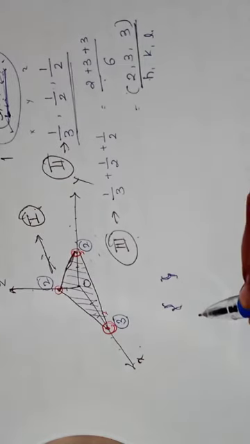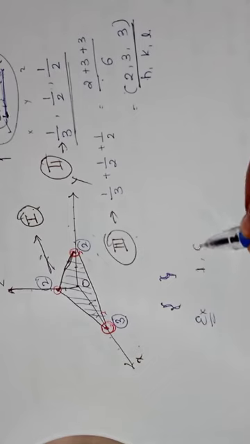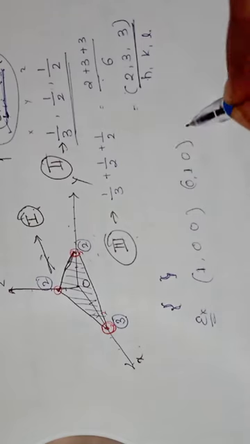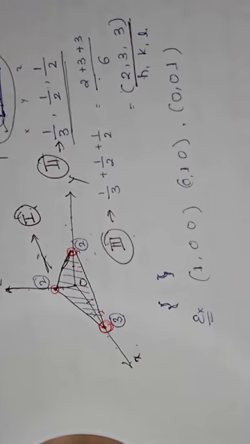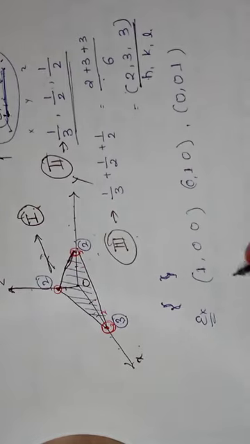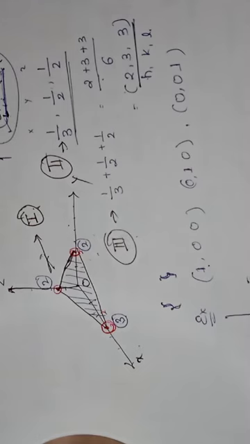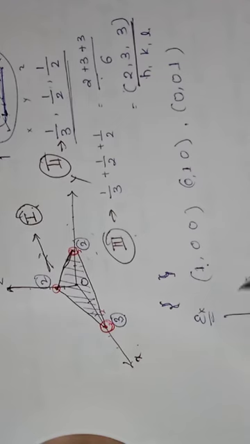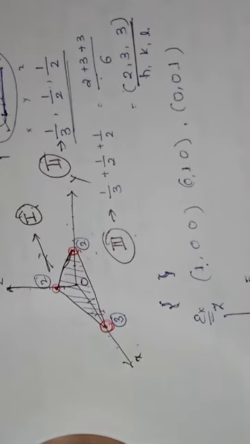a cube. For example, a cube is there. In this cube they had given like this 1 0 0, then 0 1 0, then 0 0 1. They had given these crystal planes. So what is the answer here? Directly we can write this along the x-axis. Let's take this as x, z, y.